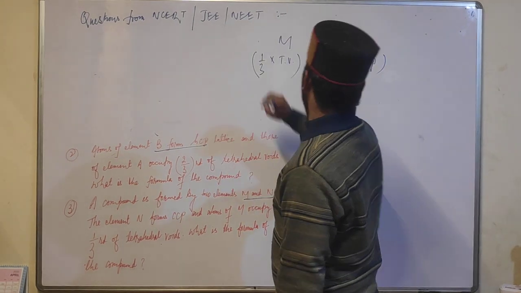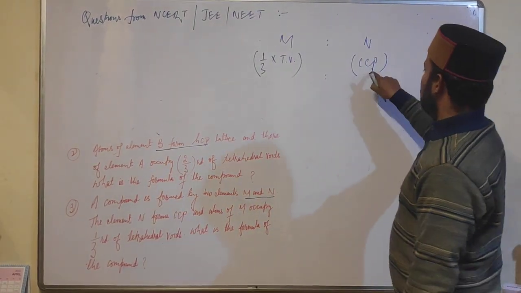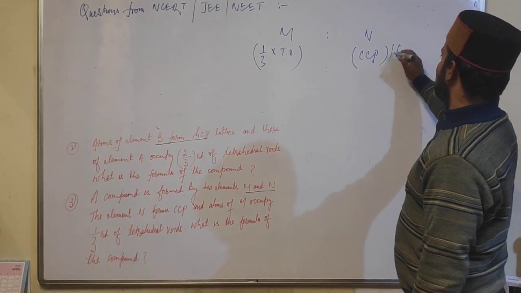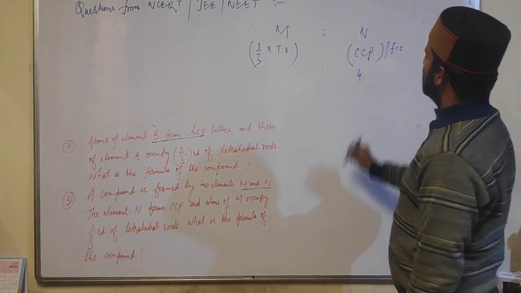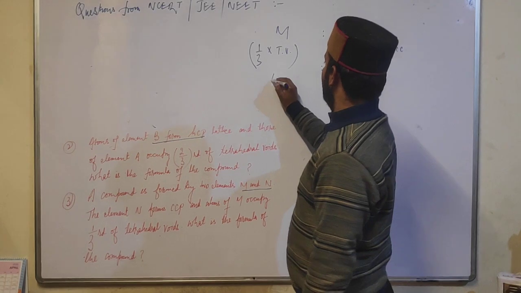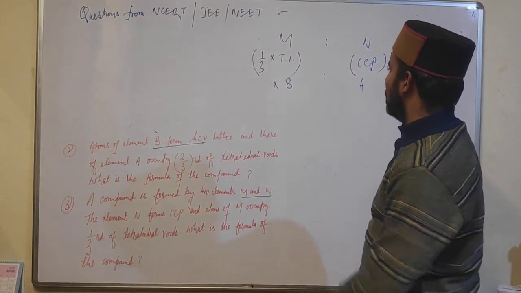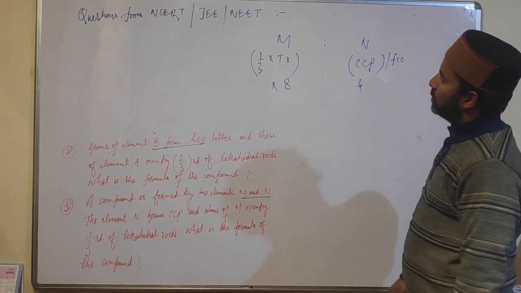So students, since this arrangement is CCP, or CCP is also called FCC, so we have 4 atoms per unit cell. So therefore we have 8 tetrahedral voids, because tetrahedral voids are double of the atoms.